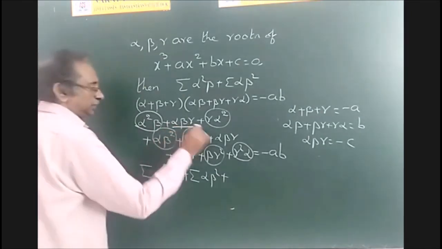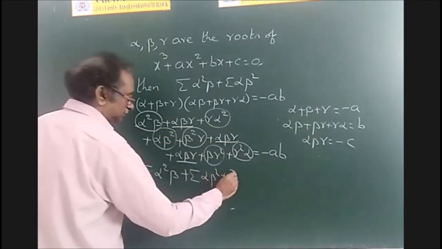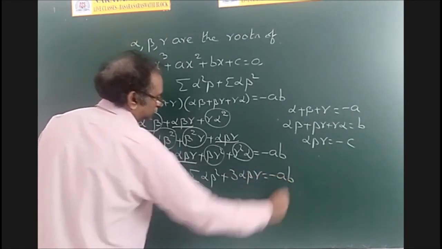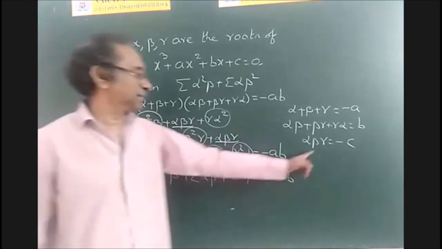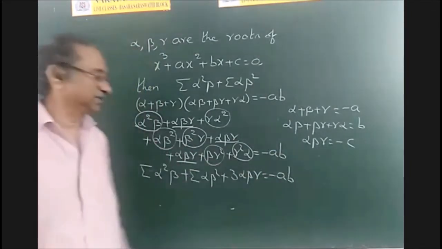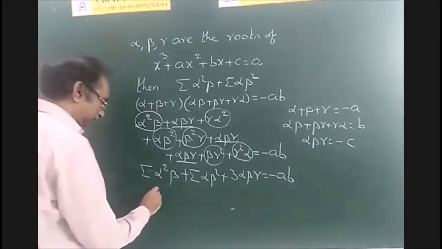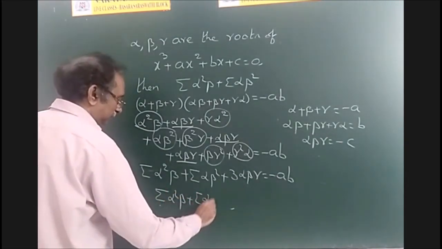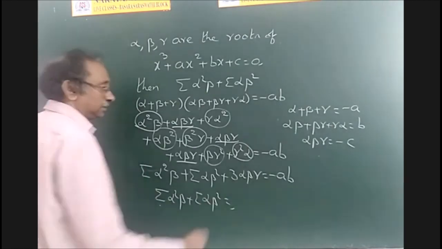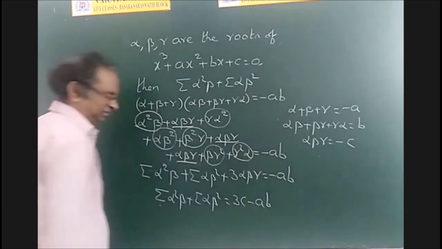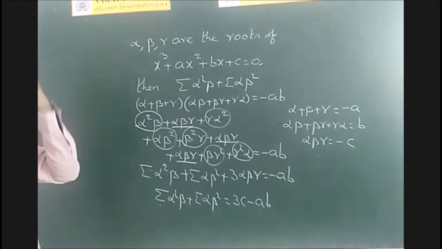Then there are 3 alpha beta gammas. So 3 alpha beta gamma is 3 times minus c, which is minus 3c. Finally it becomes 3c if you write that on the right hand side. So sigma alpha square beta plus sigma alpha beta square is equal to 3c minus ab. Okay, write down.